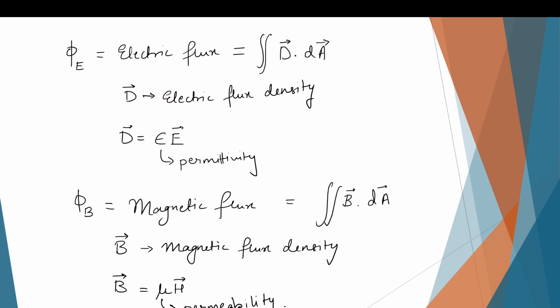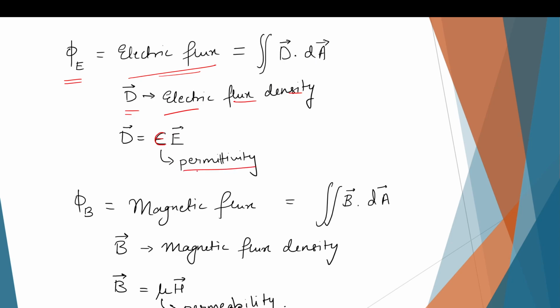To more formally define these fluxes, the electric flux is the surface integral of the electric flux density D. By flux we think of E dot dA, but this flux also depends on the epsilon term.